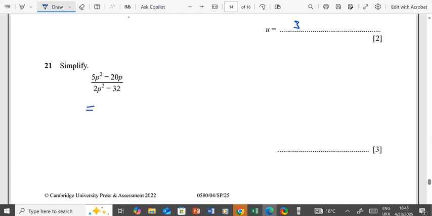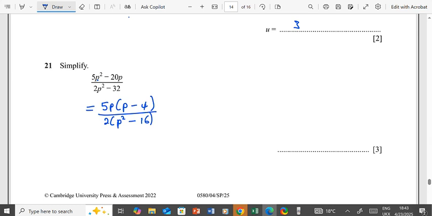For the numerator, 5 is the factor for the numbers and p is the factor for p squared and p. So 5 into 5p squared, that's p. Minus 5 into 20p, we get 4. P into p, we get 1. Then for the denominator, only 2 is a common factor, giving us p squared minus 16.